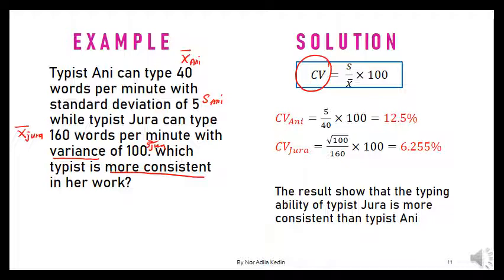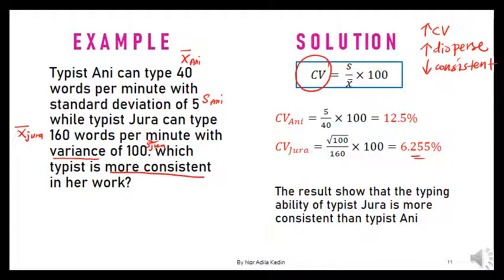Lagi tinggi CV, lagi disperse. Lagi disperse bermaksud kurang konsisten. Dia tanya which one is more consistent. More consistent, ambil yang CV rendah.